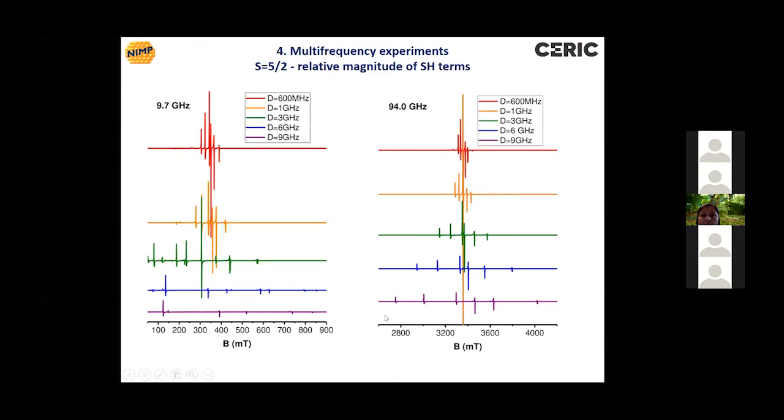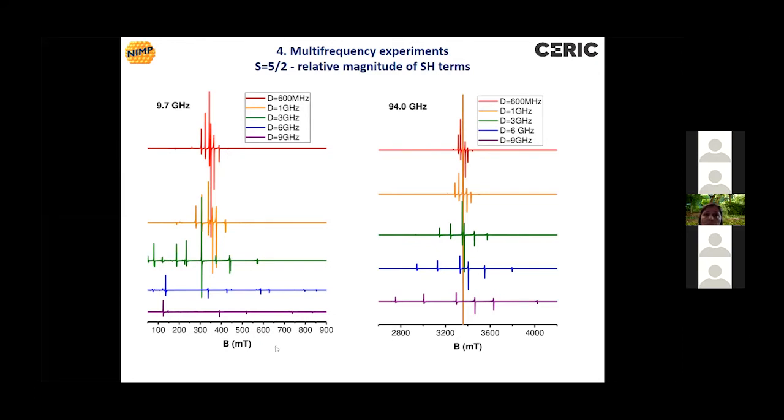And the third reason, if we look at the relative magnitude of the spin Hamiltonian terms, in this case, the zero field splitting and the Zeeman term, or to continue the idea from the course, to look at the relative magnitude of the zero field splitting parameter D with respect to the microwave energy.